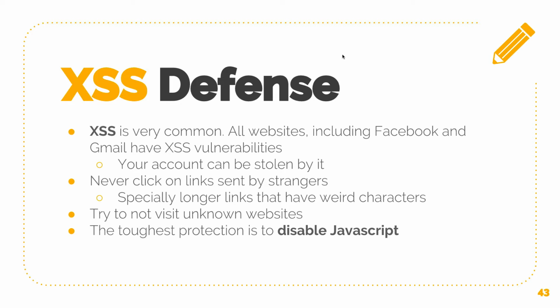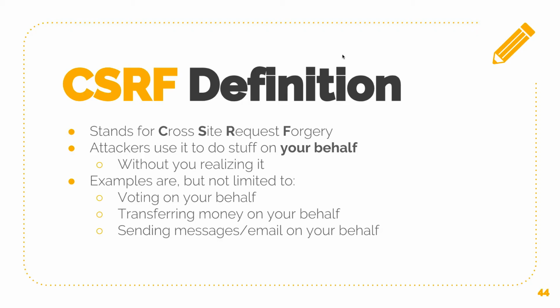Also, do not visit unknown websites, but that goes without saying. And if you want to be 100% secure against XSS, you have to disable JavaScript. All modern browsers let you do that. But if you do, you can't use a lot of features on a lot of websites because they use JavaScript.